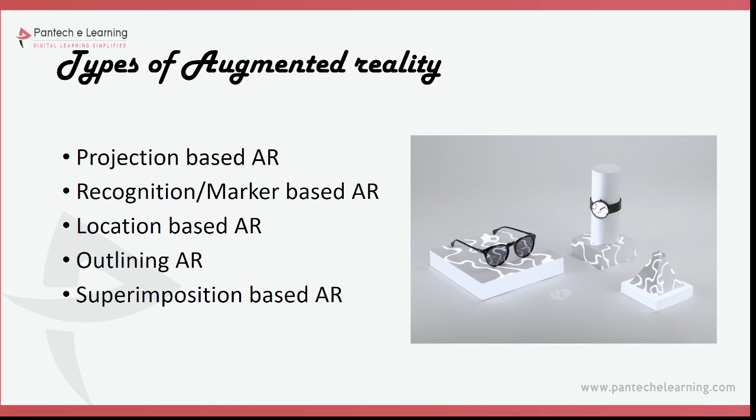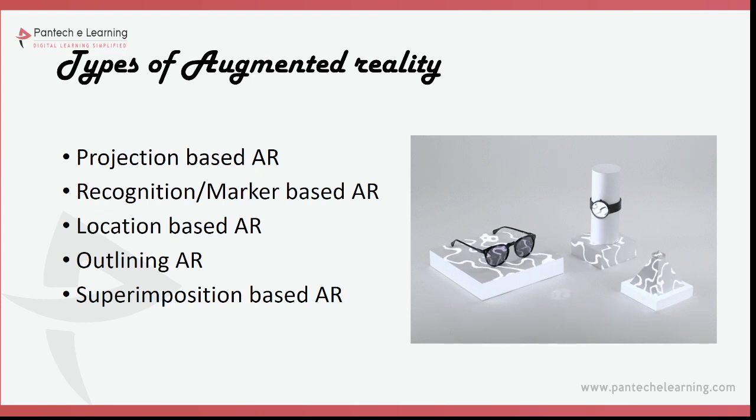Then recognition: we started with the Vuforia image targets, and we did those image targets in different ways, like implementing a single target, multi-target in cube, and multi-target in cylinder. These are the different versions of marker-based augmented reality.